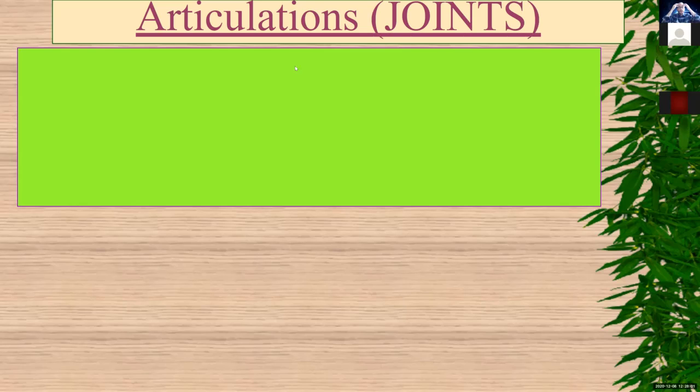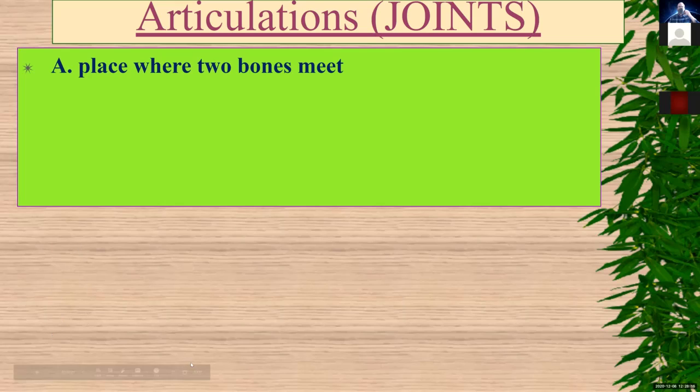We have articulations between the bones of the skull. We have articulations between every single bone in our body and at least one other bone. So it's a place where 2 bones meet. Now we're back to writing down notes.